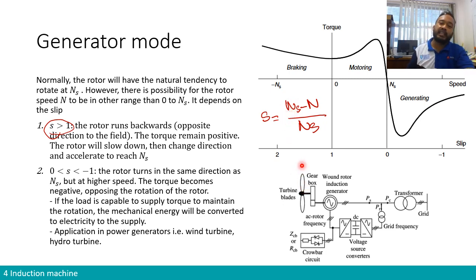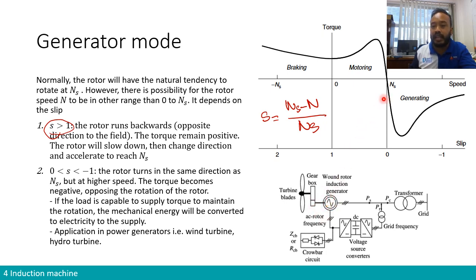That is exactly the condition when there is an external force driving your rotor. For example, in a wind turbine, you are feeding a certain frequency to your stator, but there is an external force, basically the wind, turning your turbine blades and turning your rotor at a speed much larger than the synchronous speed.